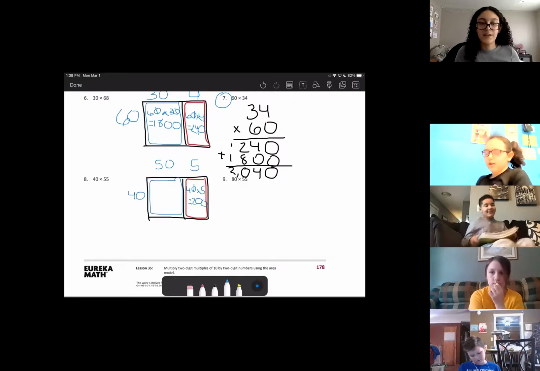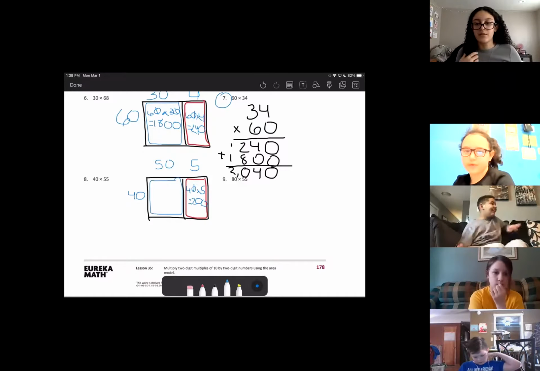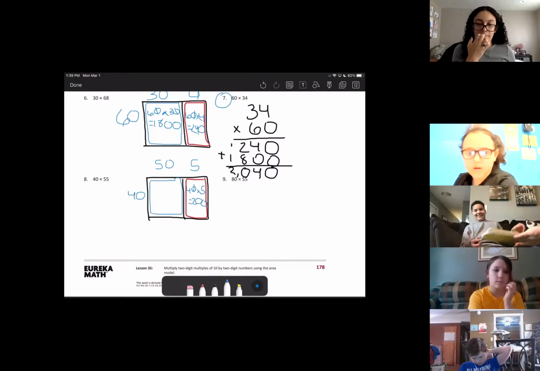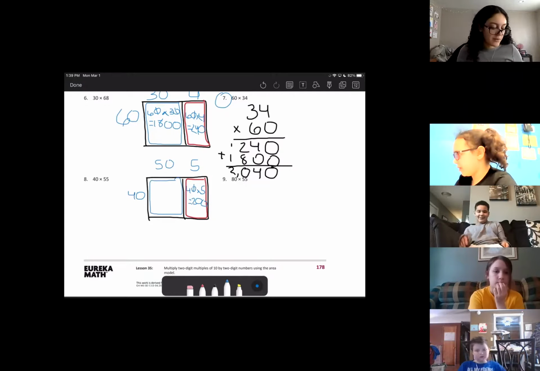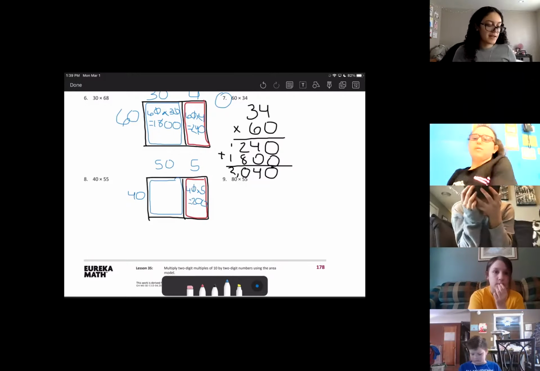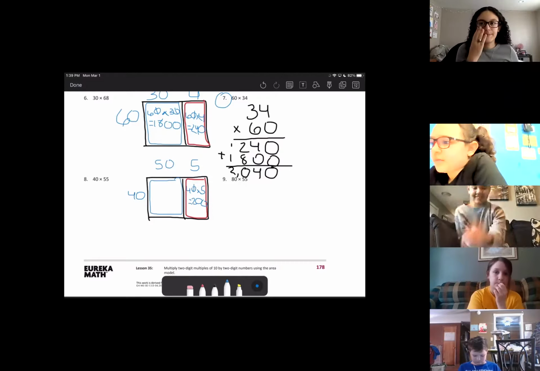And then now I want to find the area of my blue rectangle. So Noah, what two numbers am I going to multiply to find the area of my blue rectangle?